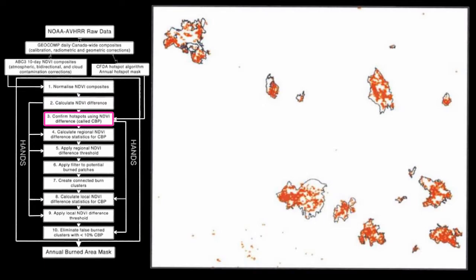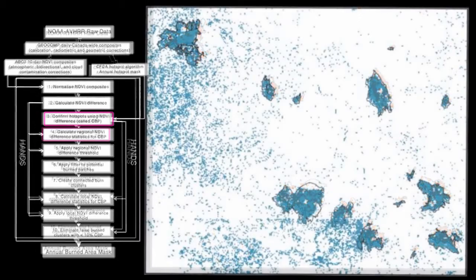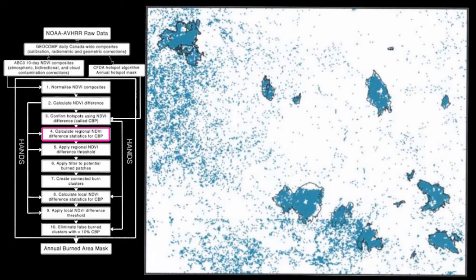The third step was to confirm hotspots using NDVI difference. Here, any areas that were selected as hotspot pixels within the NDVI difference areas are labeled as confirmed burnt pixels. The next step was to calculate the regional NDVI difference statistics using the mean and standard deviation of all the confirmed burnt pixels.